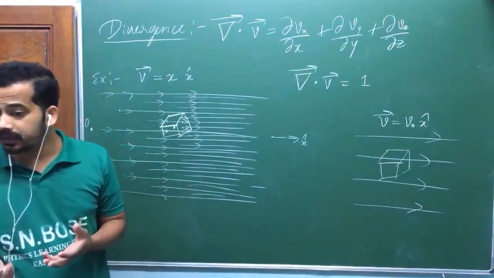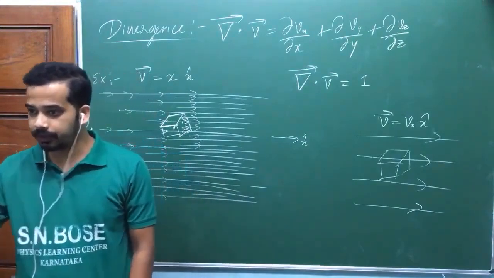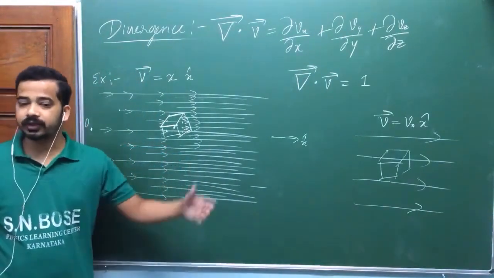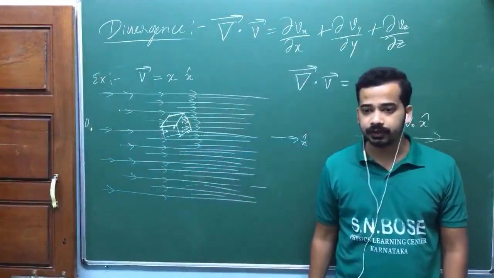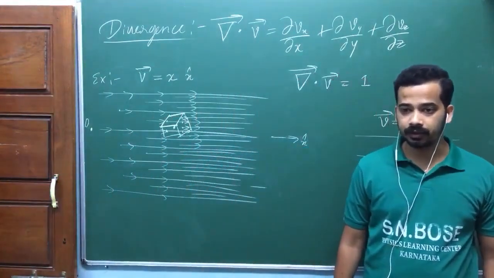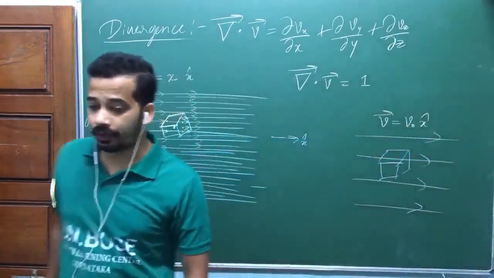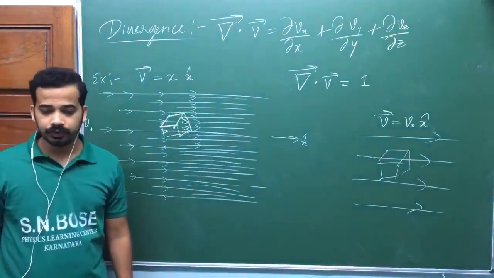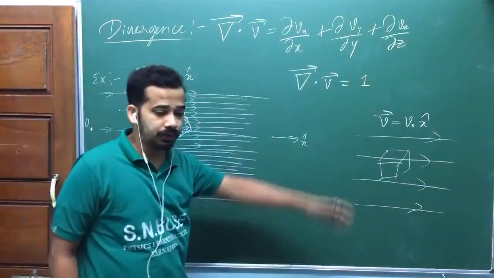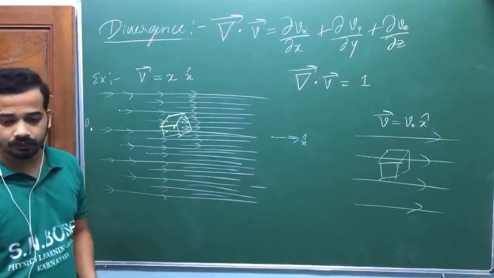Source of vector field means that creates vector field from a spatial point. Just like a charge which creates electric field, just like a current element which creates magnetic field. Is that okay? We call them a source of a vector field. There exists a source of a vector field and divergence will give you the information about that source. Divergence equal to 1 means at each and every point you have a source.